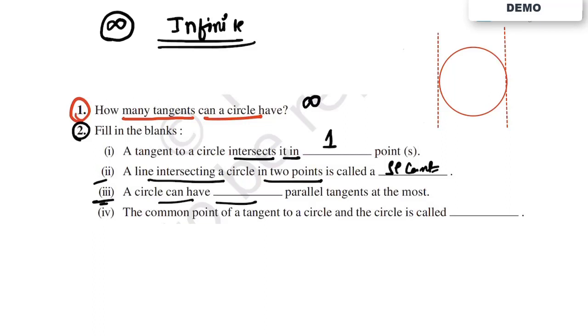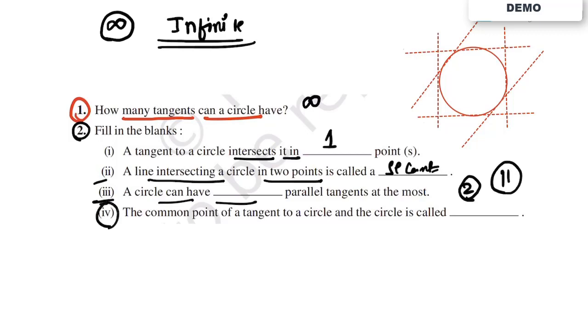You see that at a time you can just draw 2 parallel tangents, and suppose somebody says, sir, please try at an angle, if I draw at an angle, you could see that at most you can draw 2 tangents that are parallel to each other.